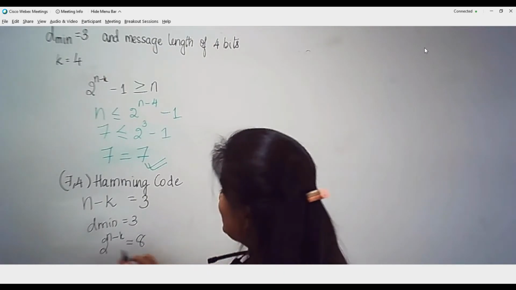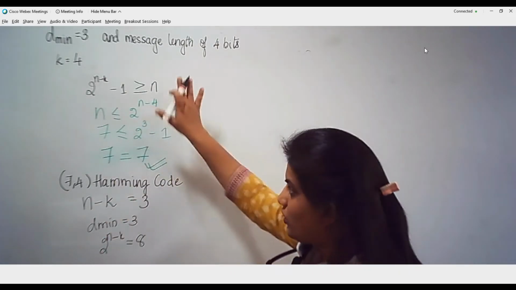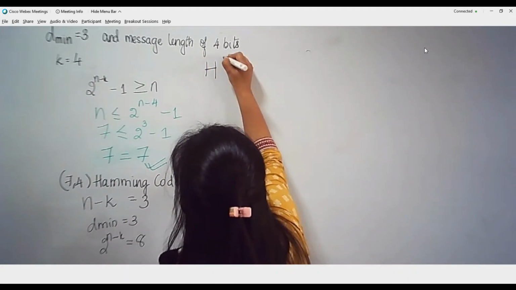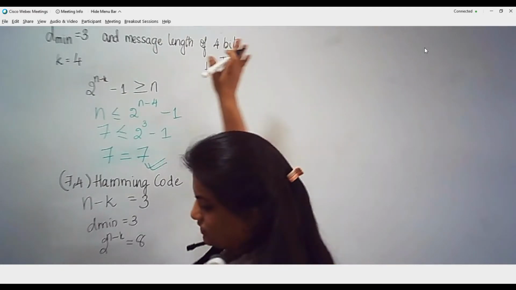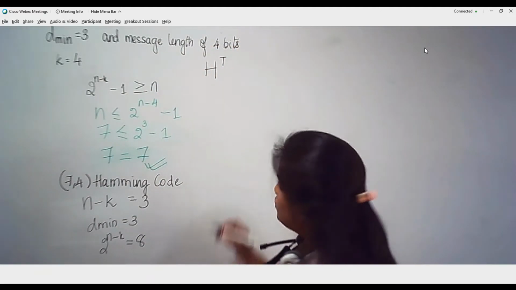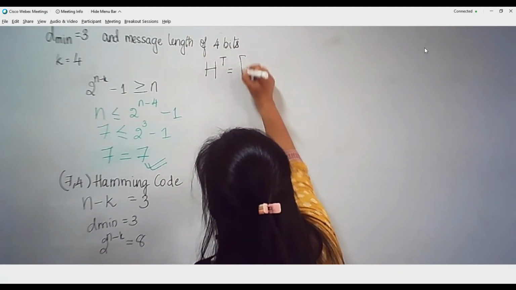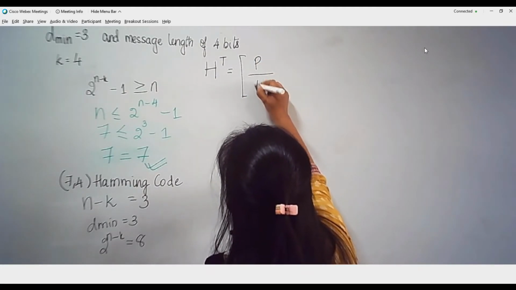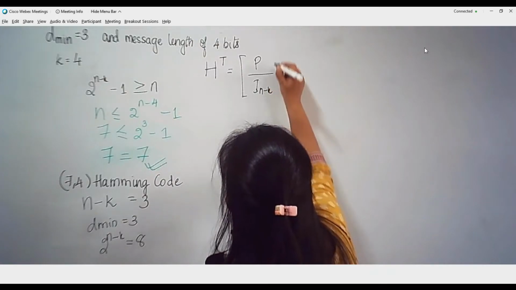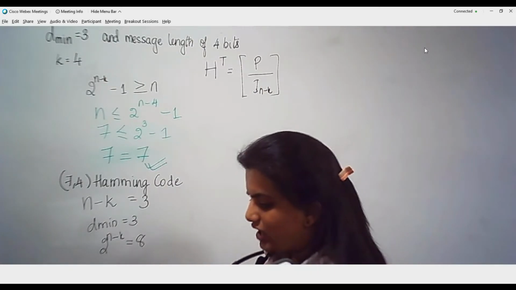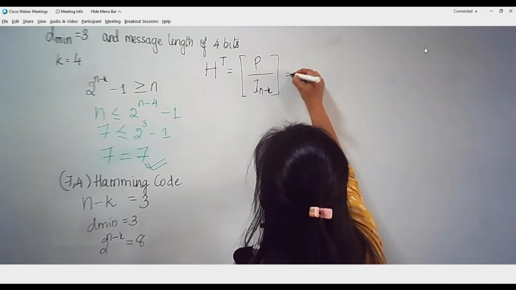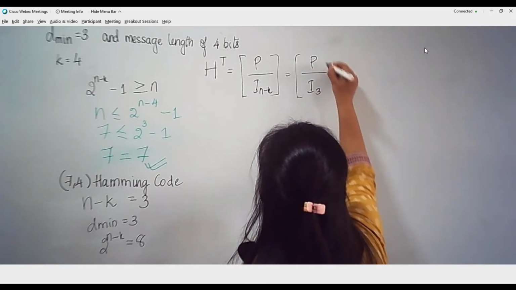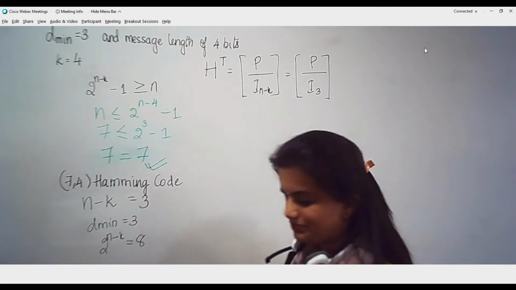So now the next step, after we know all these things, is to fix up the parity check matrix, the transpose parity check matrix. So how do we write the transpose parity check matrix? It is the matrix P, which is appended at the bottom with the identity matrix I of n minus k. In this case, it is the parity matrix appended by the identity matrix of size 3.